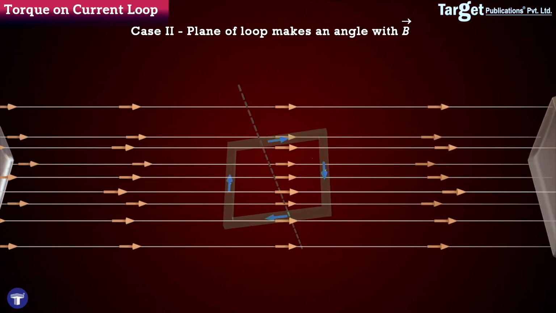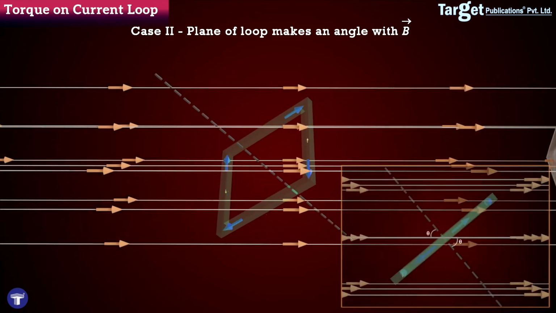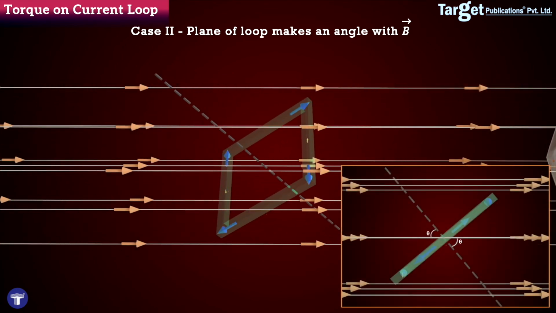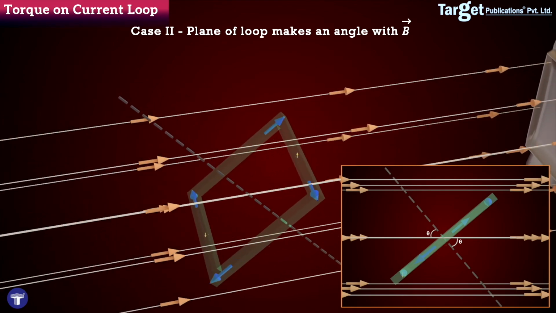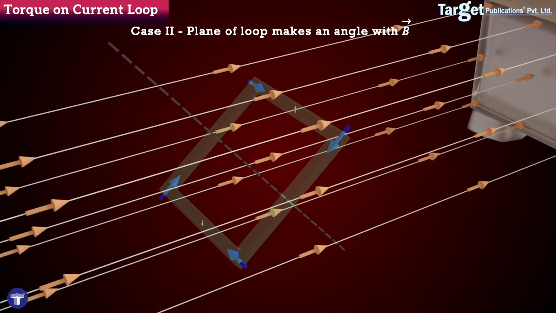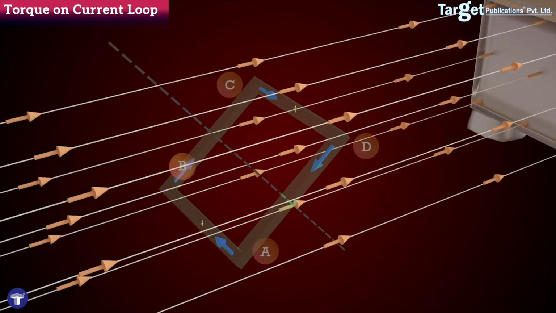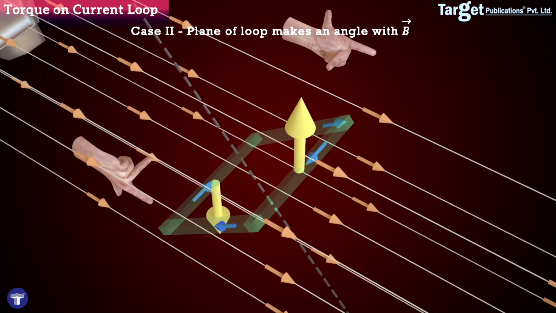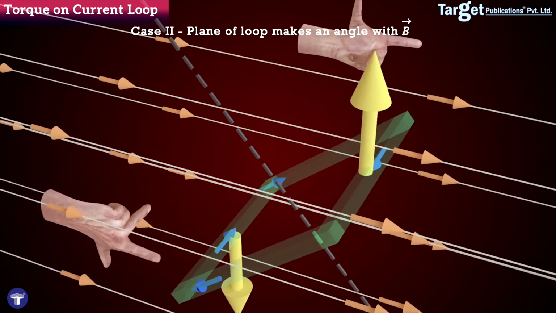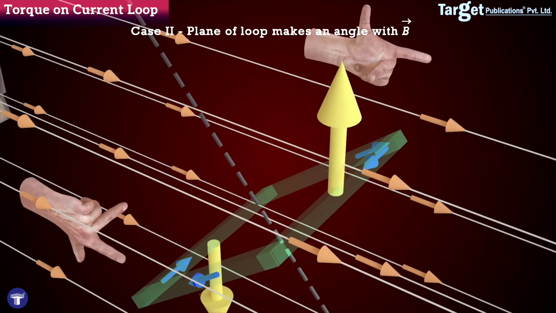If the plane of the loop is not along the magnetic field but makes an angle with it, we take the angle between the field and the normal to the coil to be theta. In such a case, the forces acting on the arms AB and CD, which we will call F1 and F2 as before, are equal and opposite and have a magnitude F1 equal to F2 equal to I b B, just as before.